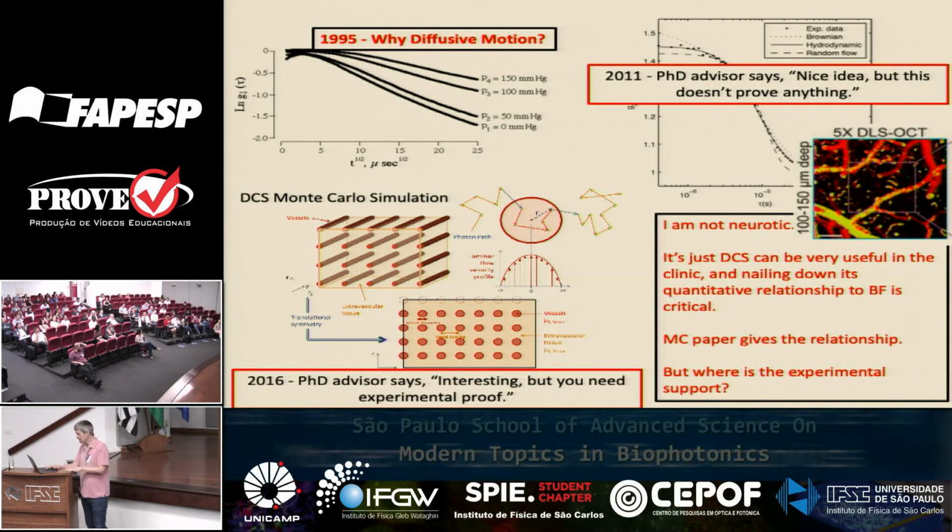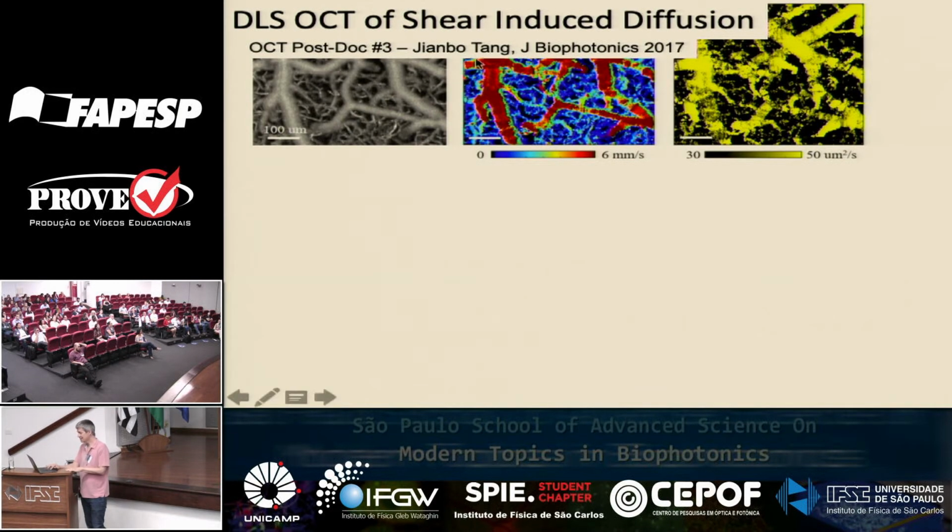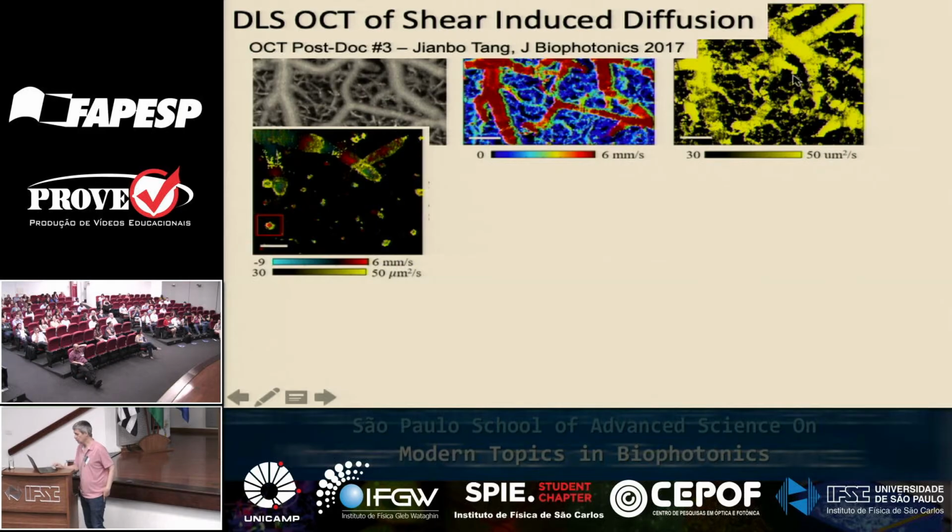I had a new postdoc arrive in the lab, Jumbo Tang, and so I asked him, could you just go in and please measure the shear-induced diffusion of red blood cells? And let's just see if actually this relation between the linear motion of the red blood cells and the diffusion is predicted exactly by the shear. So he went and did that.